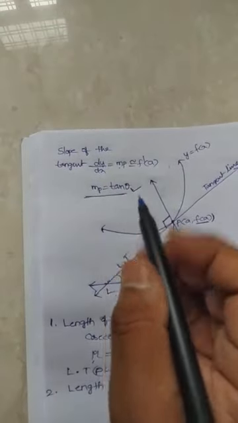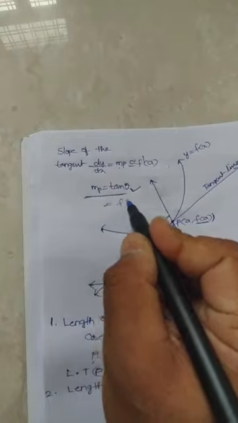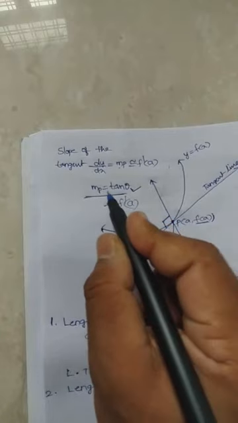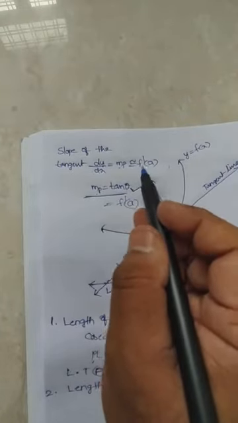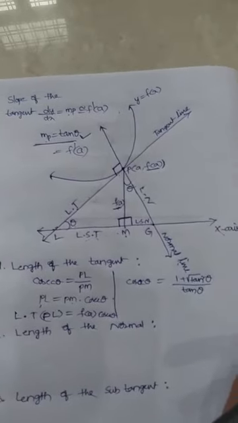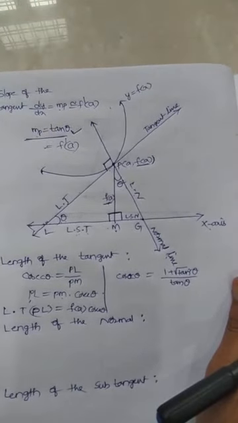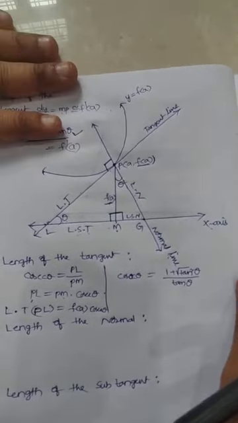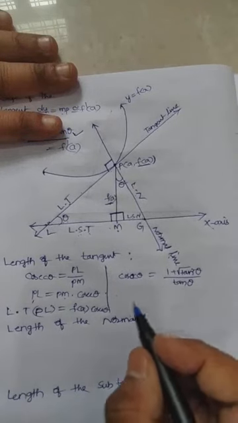What is our tan theta? Tan theta is m at P, which is f dash of a, the derivative of the function at the point a.